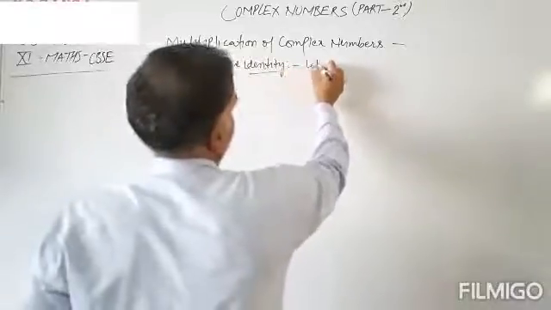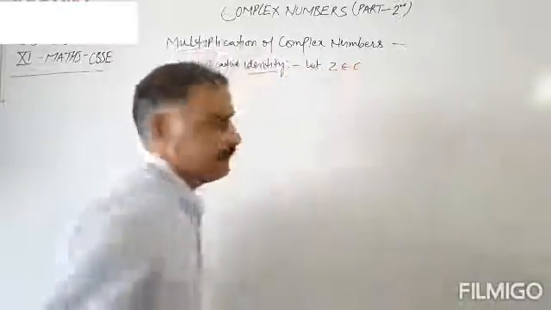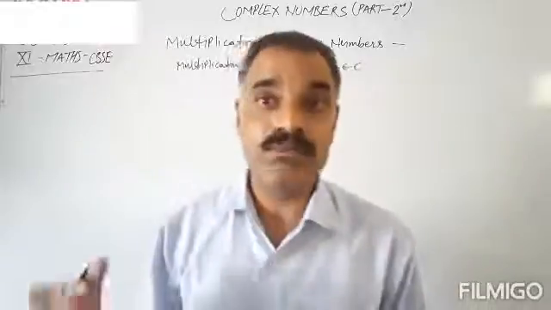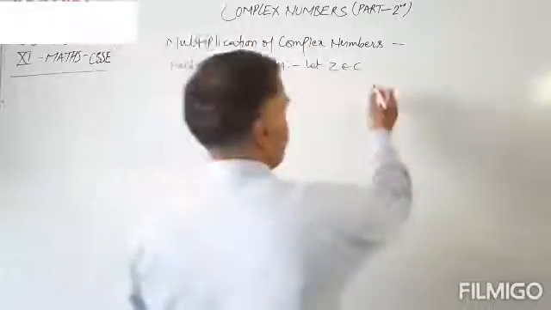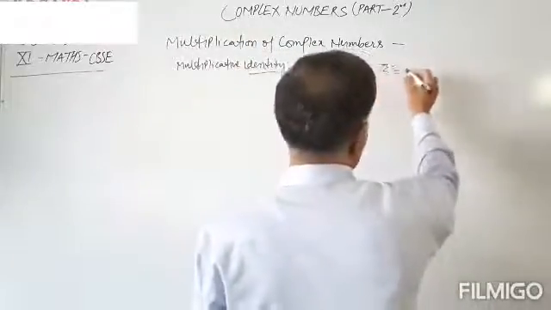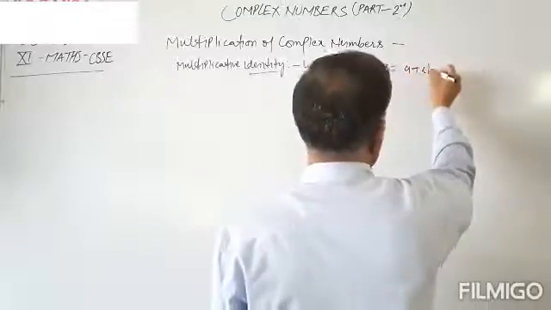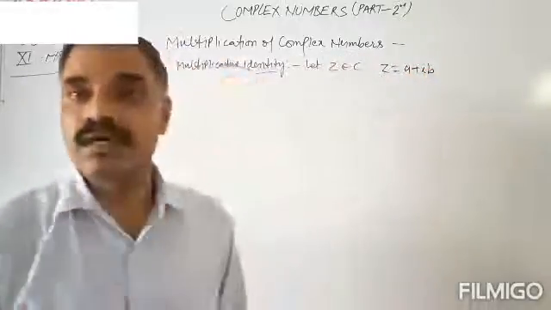Let Z belong to C. Z belongs to C means Z is any complex number, and it can be put in the form A plus iota B. Z equals A plus iota B.